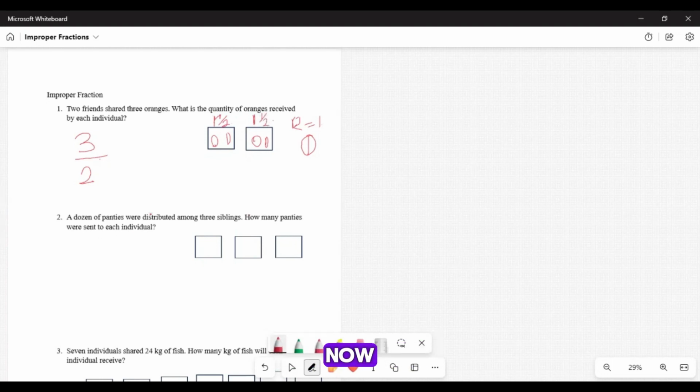Now let's say that a woman bought a dozen panties and shared them among her 3 siblings, and we want to find out how many panties each individual received. So it was 12 panties, because a dozen gives you 12 individual panties, shared between 3 siblings.